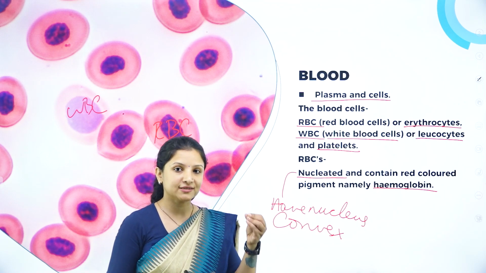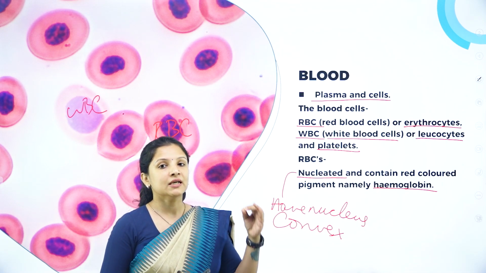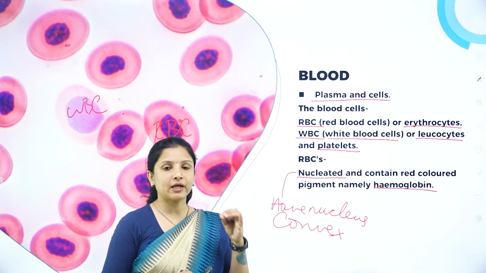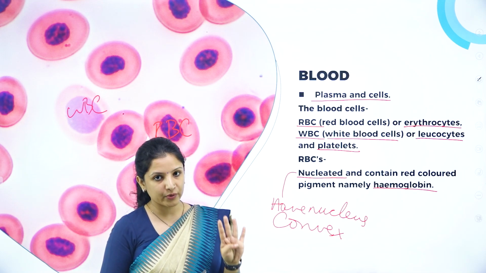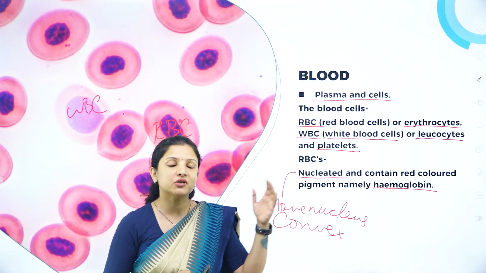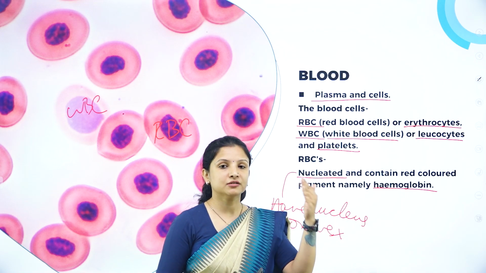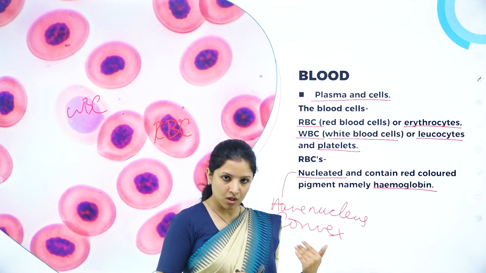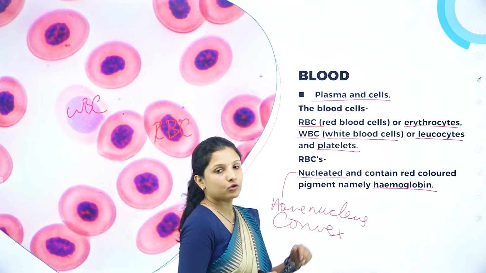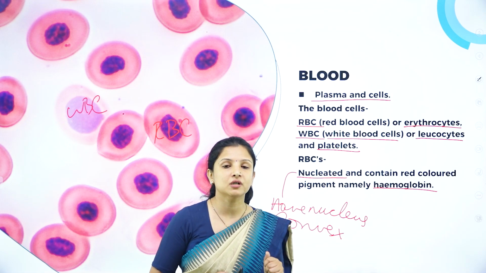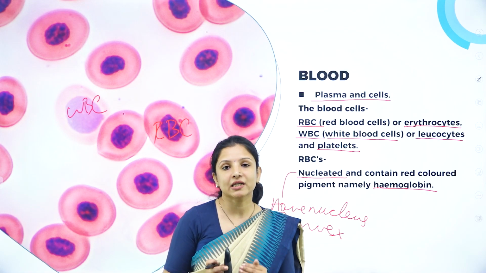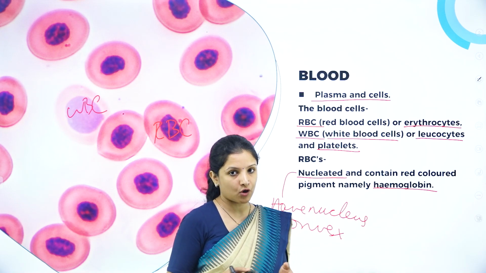And hemoglobin is very important because it contains heme, made up of 4 components of iron, which help in transporting oxygen from the lungs to the heart and to different parts of the frog's body. Therefore the function of the RBC is to carry oxygen to different parts of the frog's body.